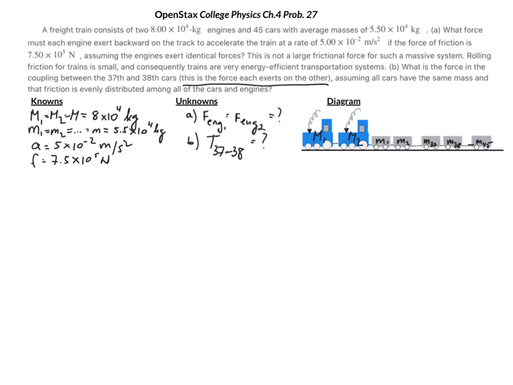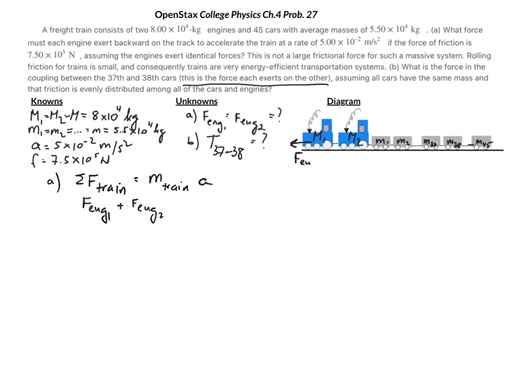So I can use Newton's second law and say that the sum of the forces on the entire train will be the mass of the entire train times the acceleration. So the forces are going to be force of engine 1 plus force of engine 2, and both of those forces will act to the left.